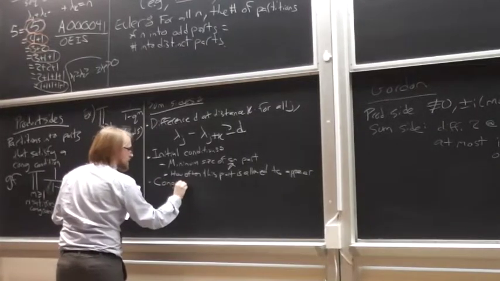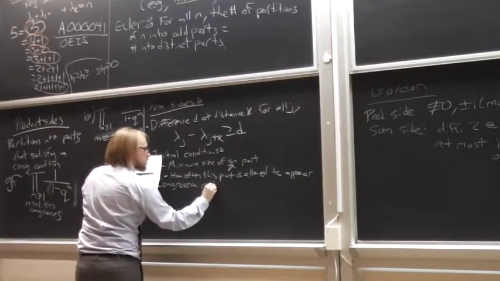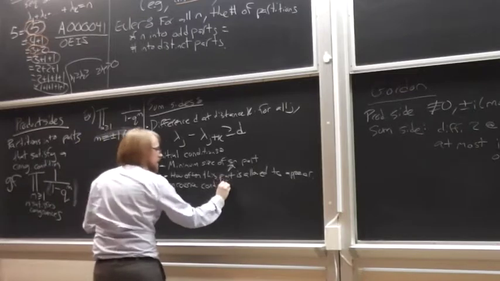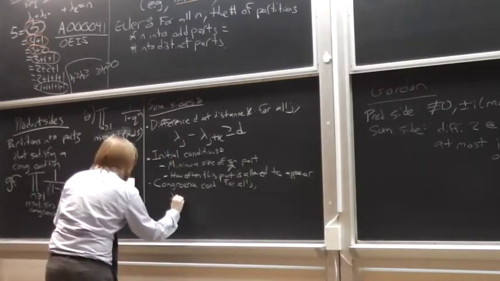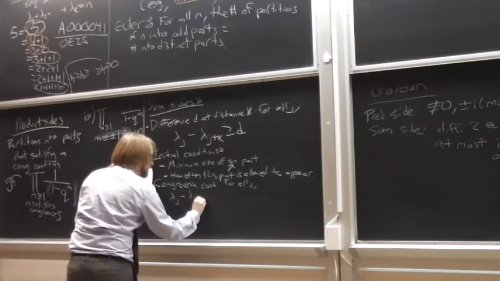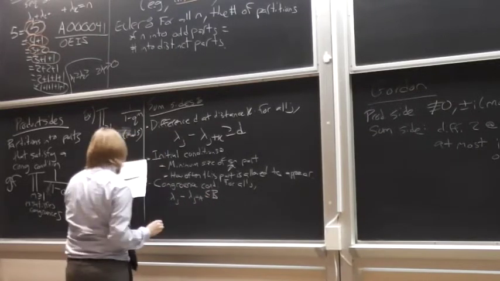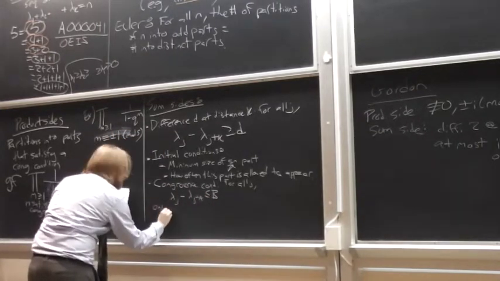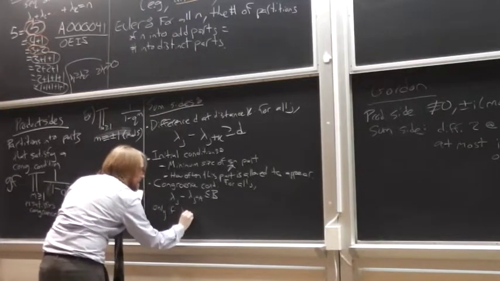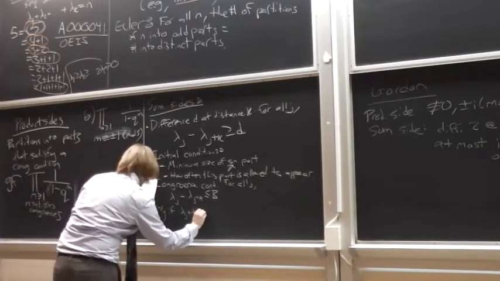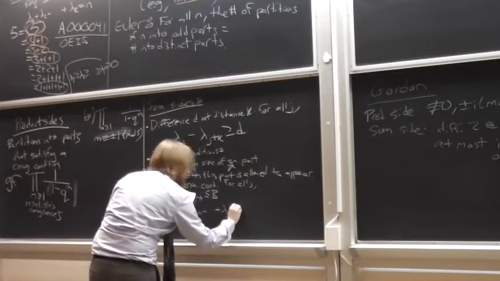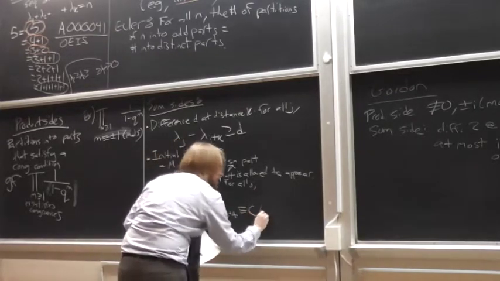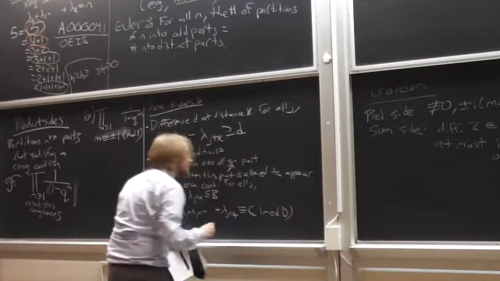Call this a congruence condition. So for all j, lambda j minus lambda j plus a is less than or equal to b, only if lambda j plus 1 plus lambda j plus a is congruent to c mod d.